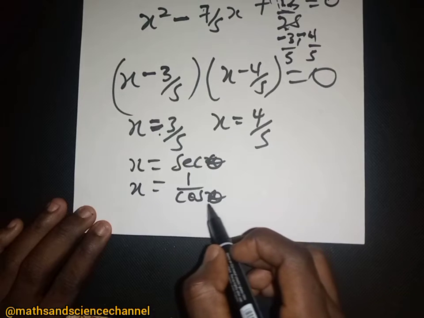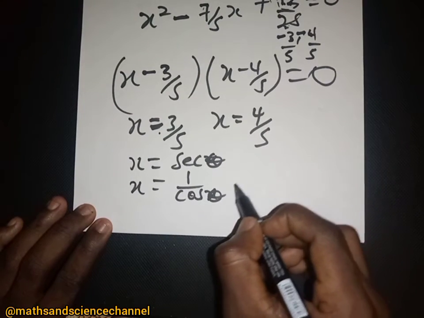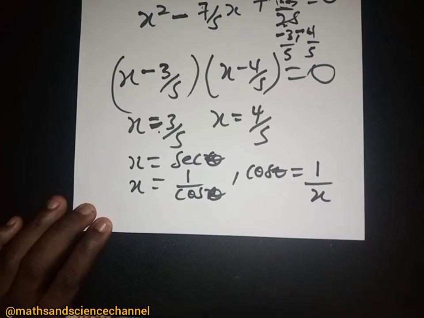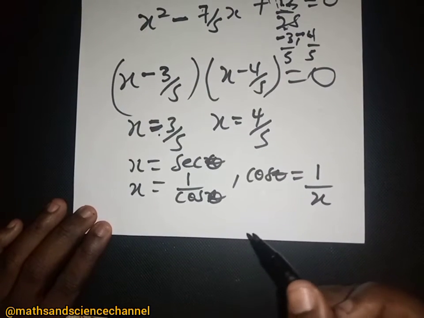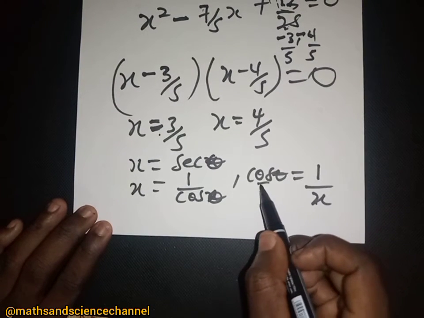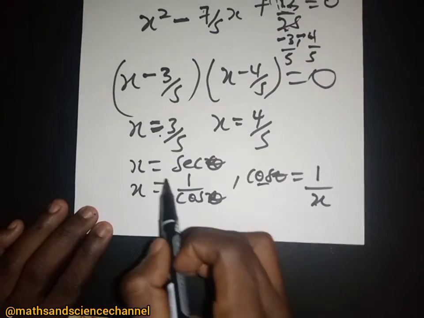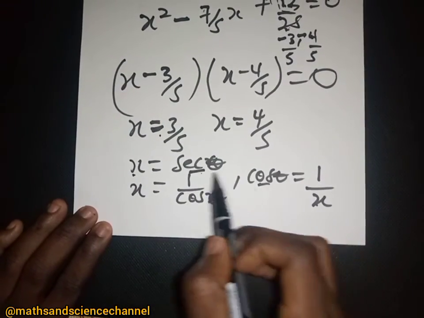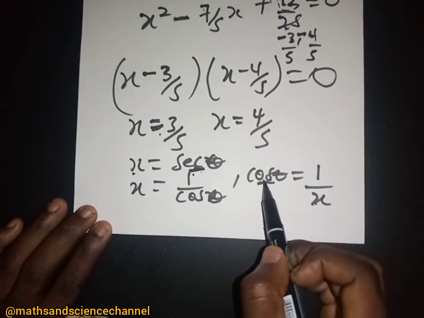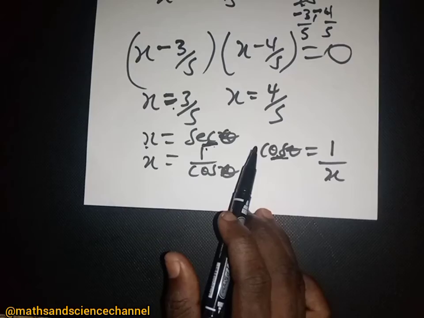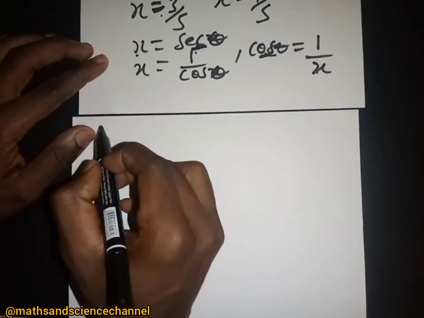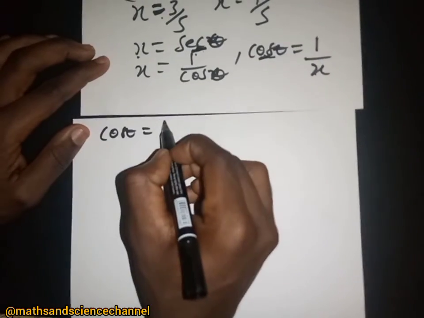Which means that our cos theta will be 1 over x, right? Now why am I taking cos and not sine? I'm taking cos because we assumed that x is equal to sec theta, and sec is just 1 over cos, so in terms of cos, we have cos theta being equal to 1 over x.